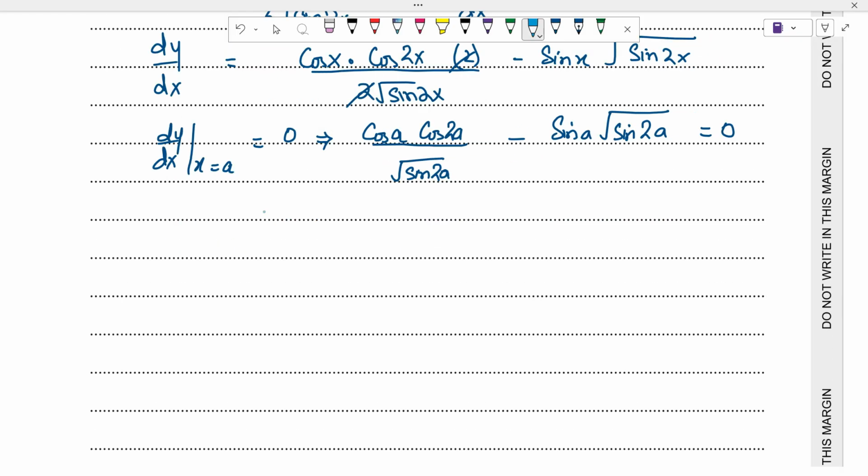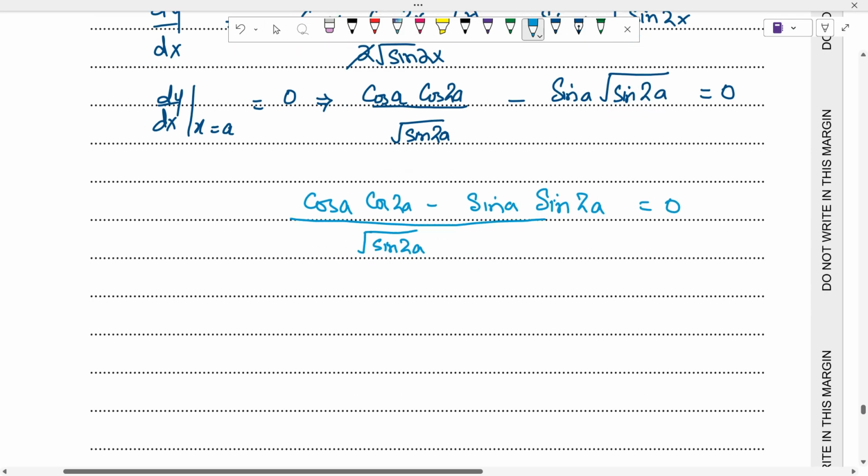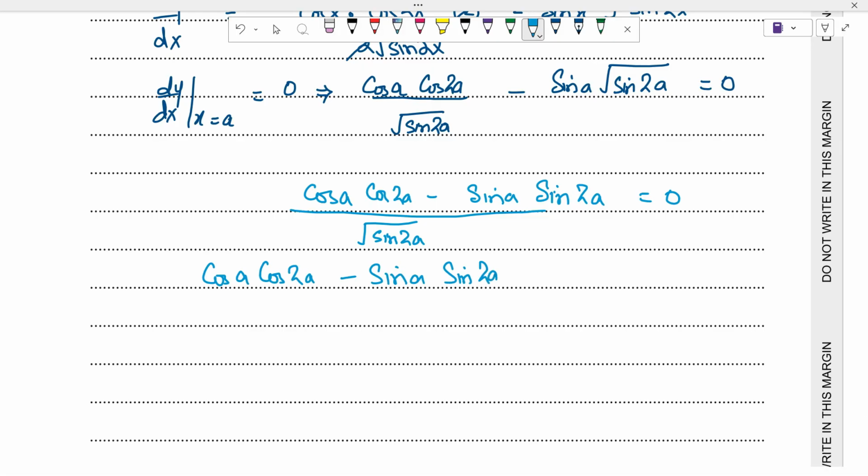Taking the LCM in this case, we will have the square root of sine of 2a in the denominator, and the numerator will be cos of a cos of 2a minus sine of a sine of 2a, which is equal to 0. So we have cos of a cos of 2a minus sine of a sine of 2a equal to 0.